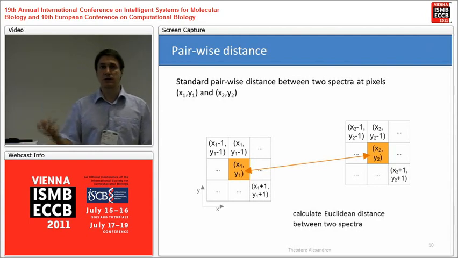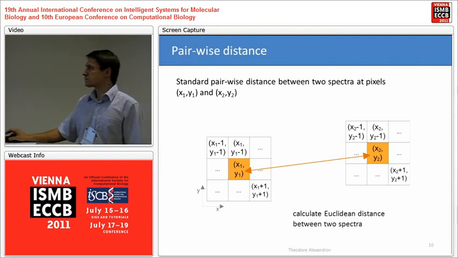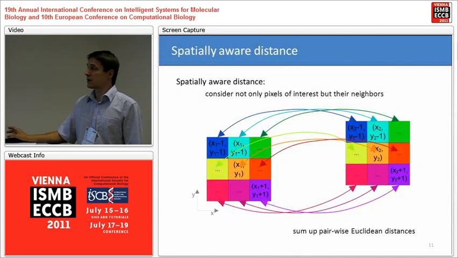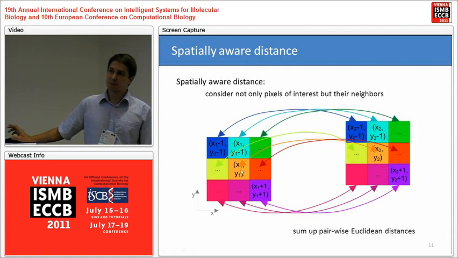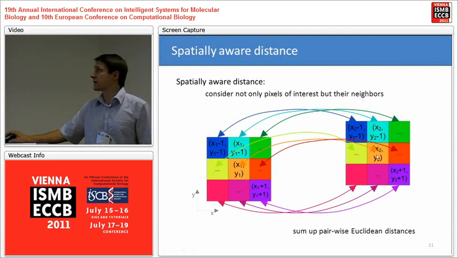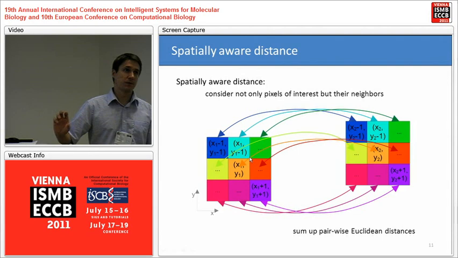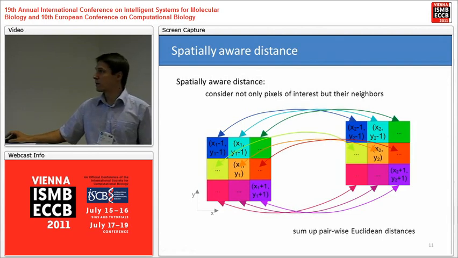But as I've shown you, it doesn't work. So what we would like is a spatially aware distance. That means when we calculate the distance between the spectrum at this pixel and the spectrum at this pixel, we will be considering the pixels around them in a small neighborhood. This is an example of a neighborhood of radius 1.